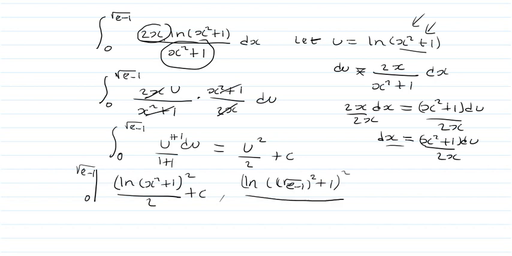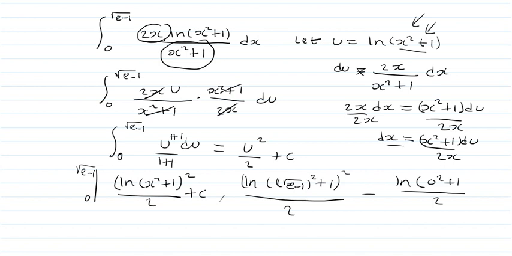Then we divide everything by 2, then minus, we put the value for the lower limit, which will be natural log of 0 squared plus 1, everything also over 2.